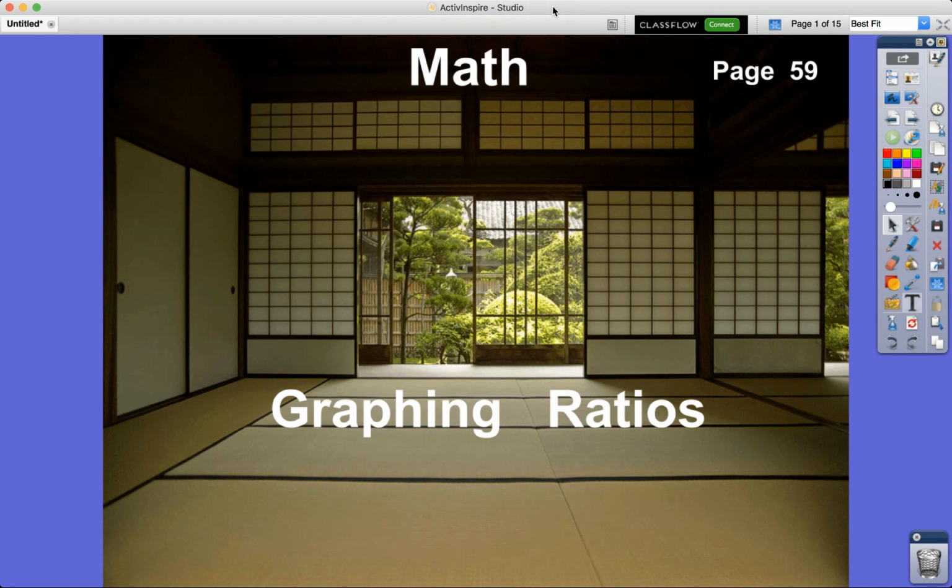And for right now, if you're sitting in seat number 1, go get the math journals for your group quickly and quietly. Ready? Go.